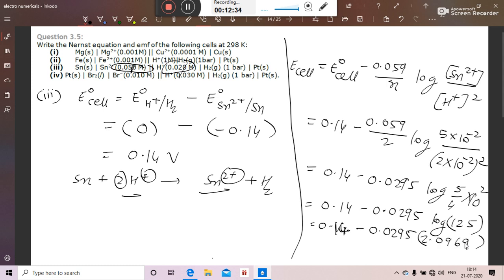That is equal to 0.14 minus, now 0.0295 into 2.0969 is 0.06186.